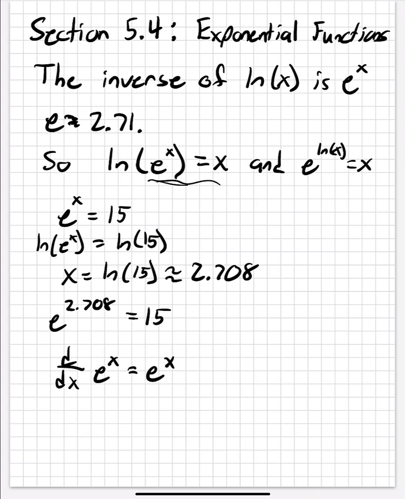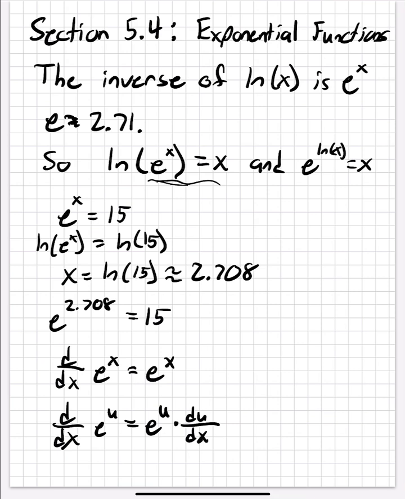Now, if we have something that isn't just x in our power, so we have something u, like 2x plus 1 or 6x or whatever, then we just use the chain rule. The derivative of e to the u is still e to the u, but we have to multiply by the derivative of the power.